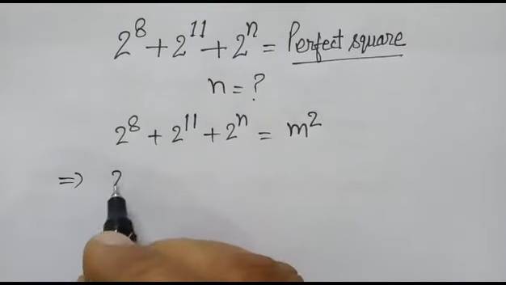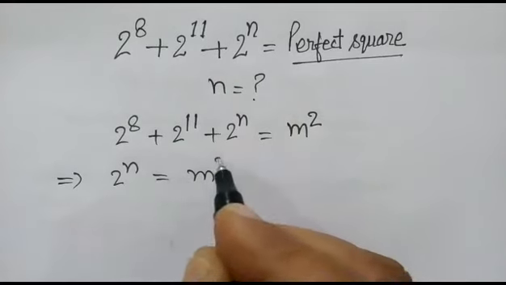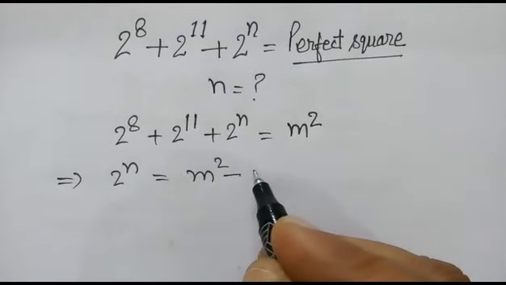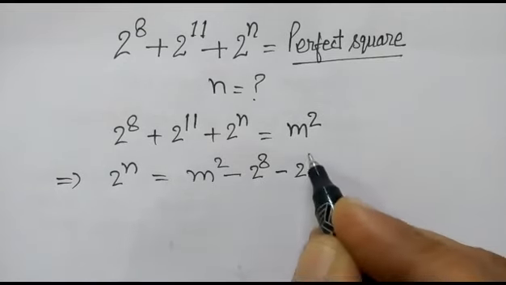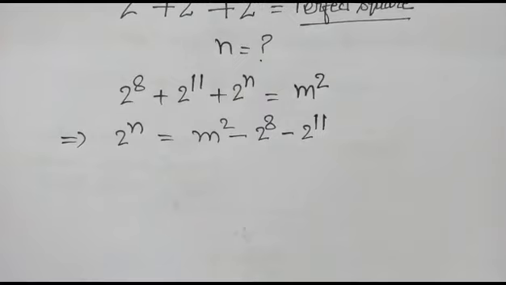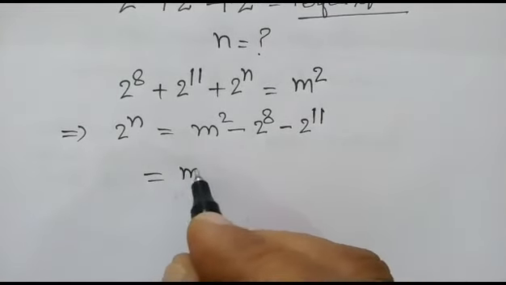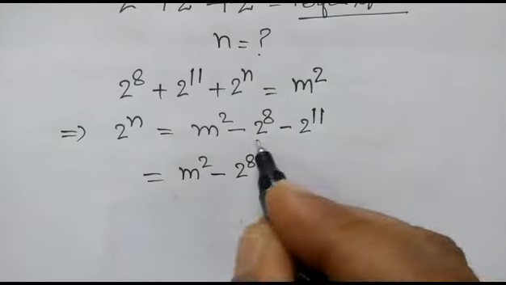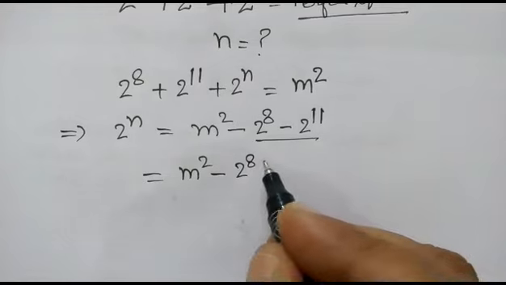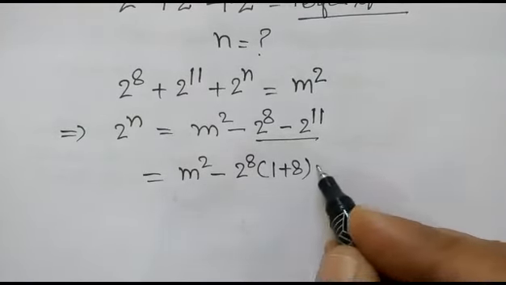Now 2 to the power n is equal to m square minus 2 to the power 8 minus 2 to the power 11. So m square minus 2 to the power 8 common. Now we have 1 plus 8, right?